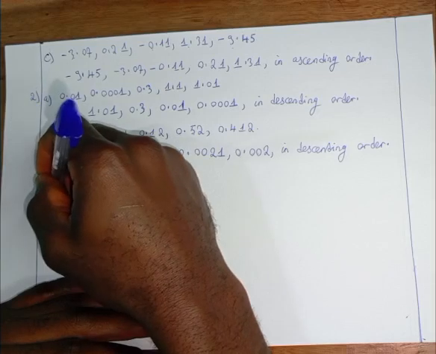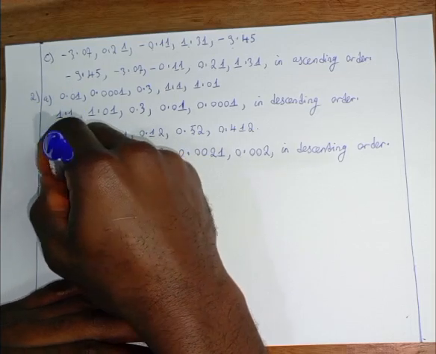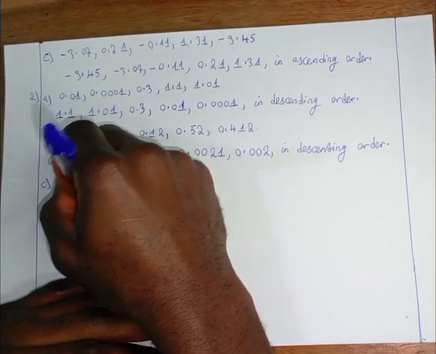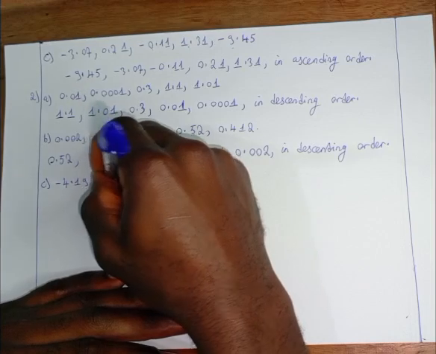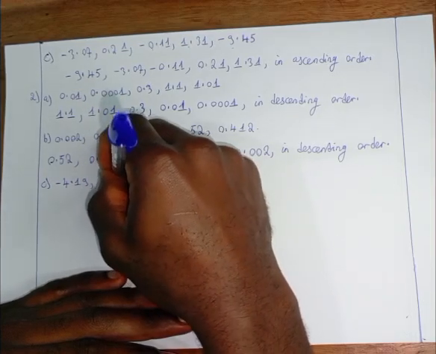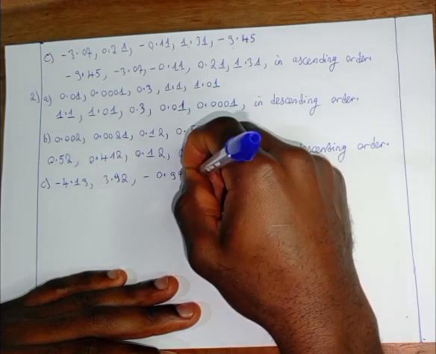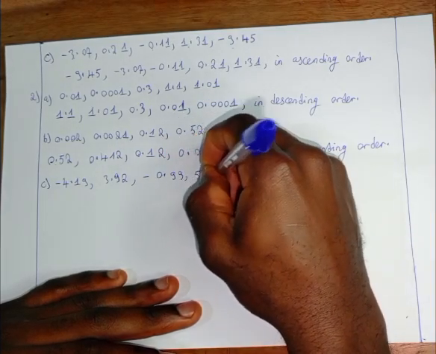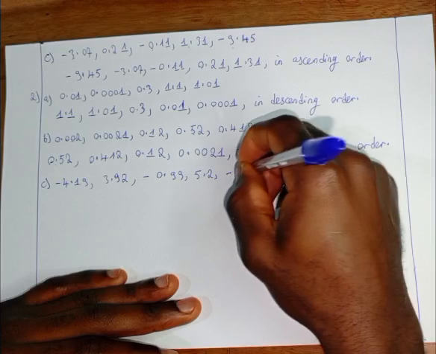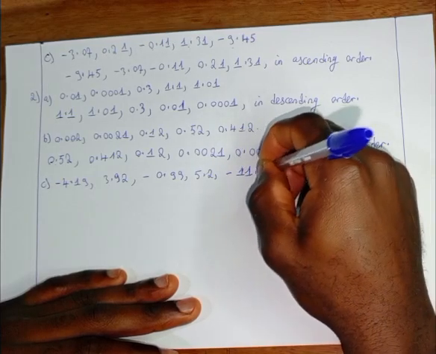We go now to C. For C, we have negative 4.19, 3.92, negative 0.99, 5.2, negative 11.84.